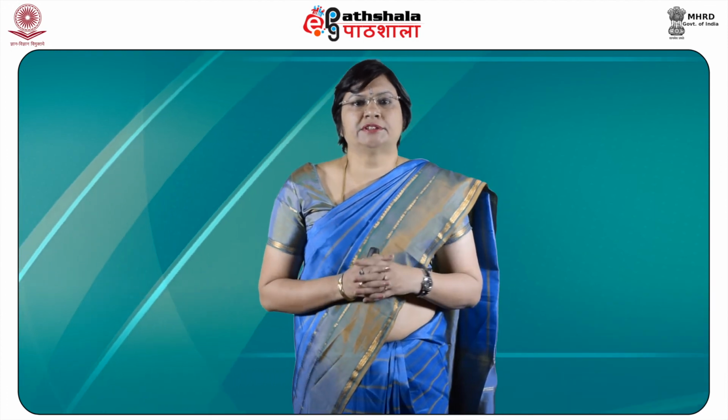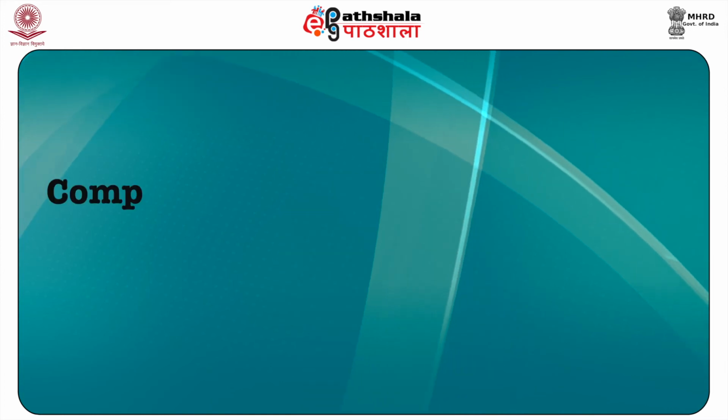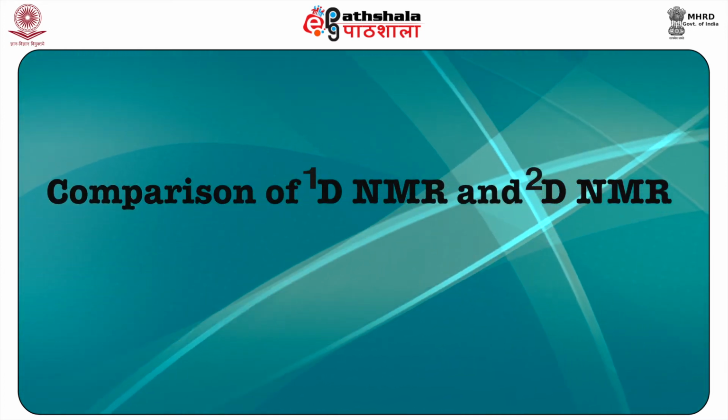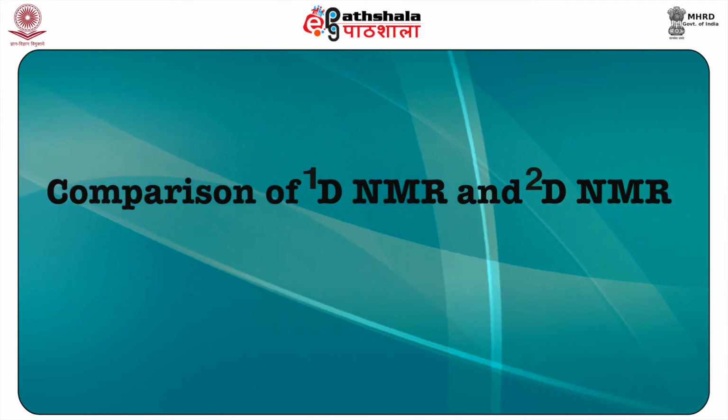So after this 2D NMR, where we had COSY and HETCOR, now let us move to the comparison of 1D NMR and 2D NMR. The increasing complexity of natural compounds, their synthetic analogues and biosynthetic pathways involves the use of recent NMR techniques like 1D and 2D NMR.